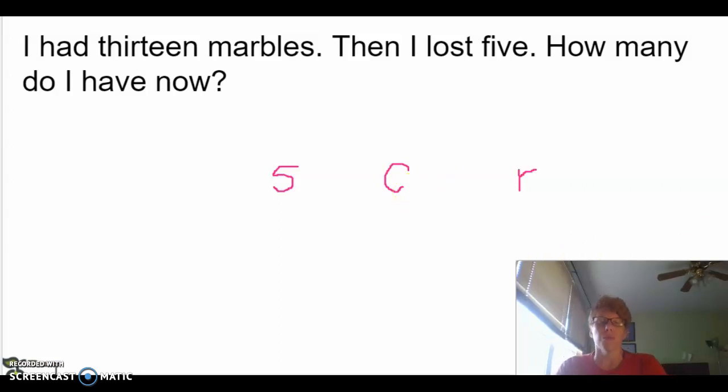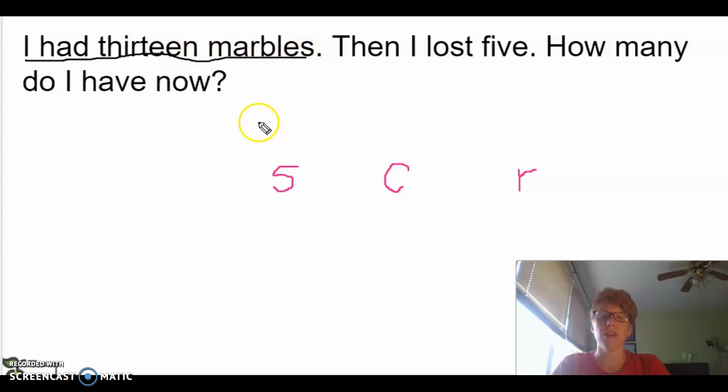So let's read that word problem one more time. I had 13 marbles, then I lost 5. How many do I have now? Well, start change result. We know that with every word problem, there's an amount and it starts somewhere, then some kind of change happens, and then you have a result. What amount are we starting with? Well, 13, right? I had 13 marbles.